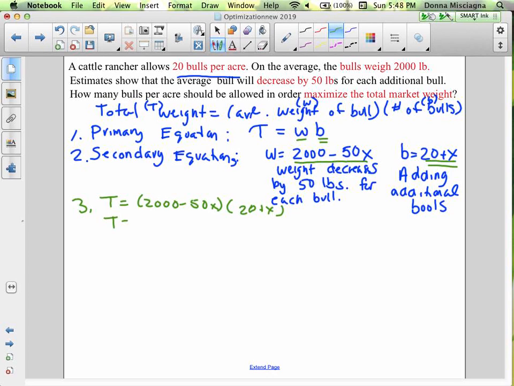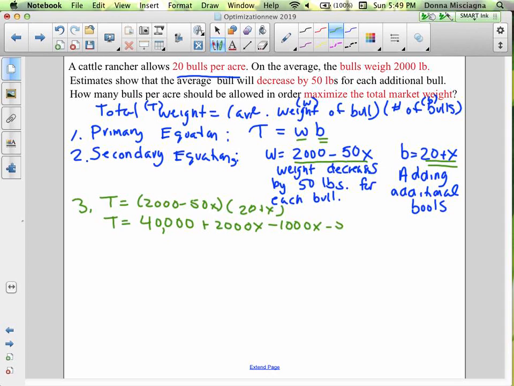So T equals, 2,000 times 20 would be 40,000. And then 2,000x. 50 times 20 is going to be 1,000, so that's going to be minus 1,000x.